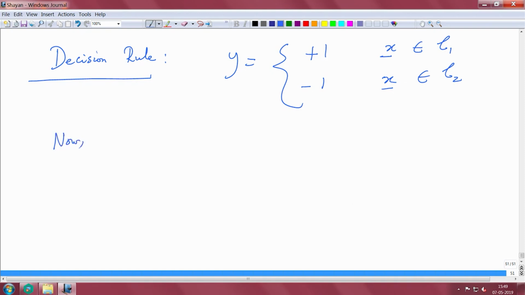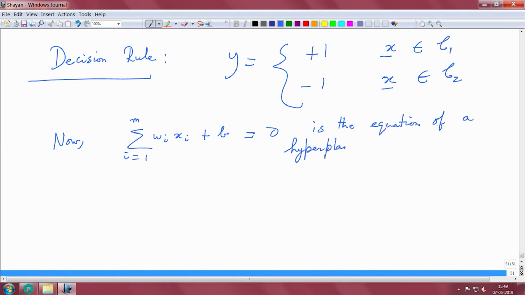Now, summation i equals 1 to m of w sub i x i plus b, if I equate this to 0, this is the equation of a hyperplane, right.